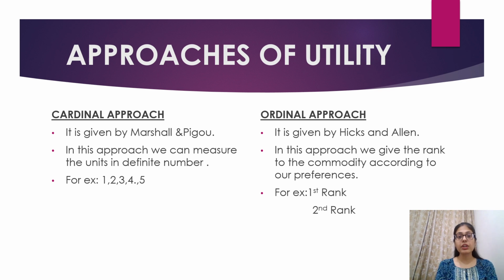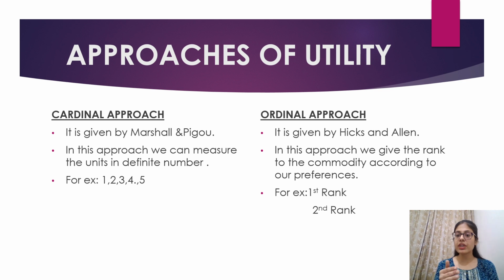The next we will talk about the approaches of utility. There are two approaches. The first one is cardinal approach and the second one is ordinal approach. The cardinal approach is given by Marshall and Pigou and ordinal approach is given by Hicks and Allen. In cardinal approach, we measure the units in definite numbers like 1, 2, 3, 4, 5. But in ordinal approach, we give rank according to our preferences.